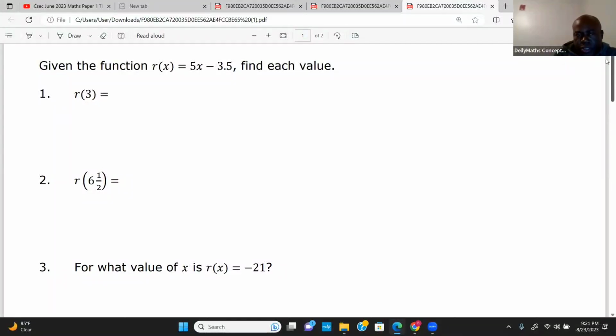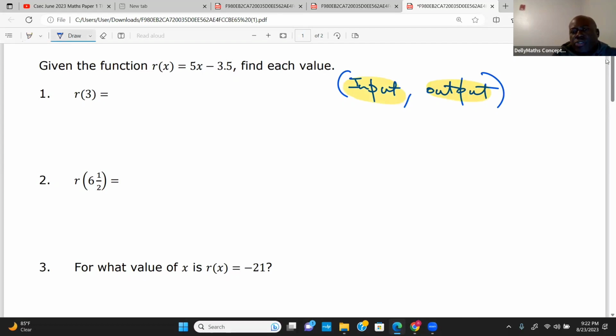Evaluating functions. Now the idea is whenever we're evaluating functions, basically there are two things that we're focusing on. One, we're finding an input, or we might be finding an output. We want to understand that a coordinate is a combination of an input that produces an output.